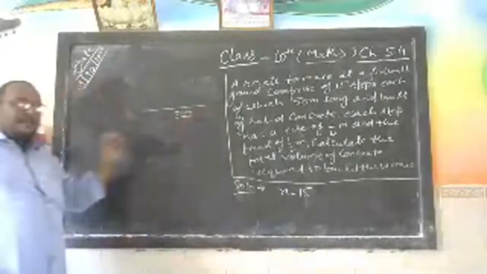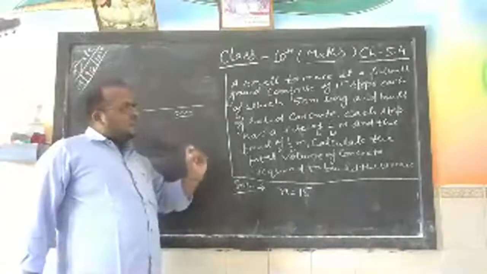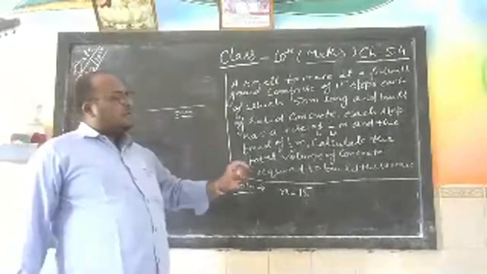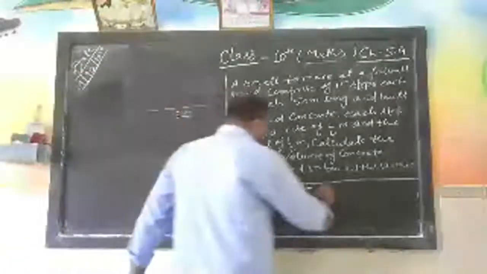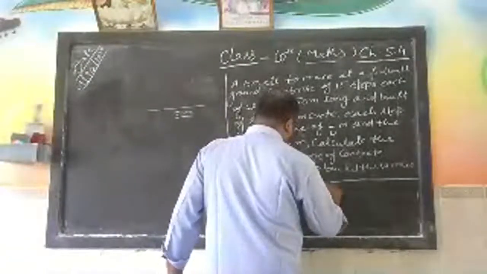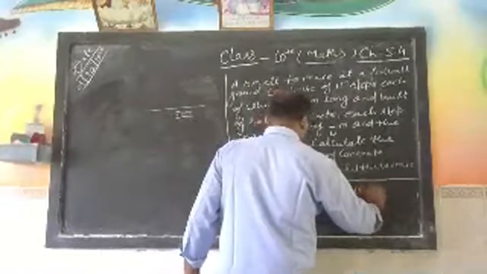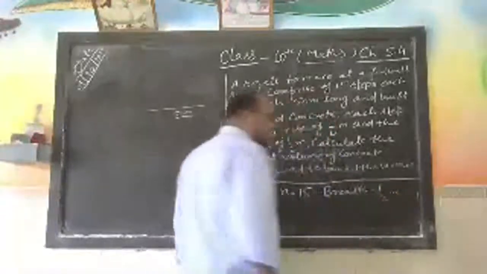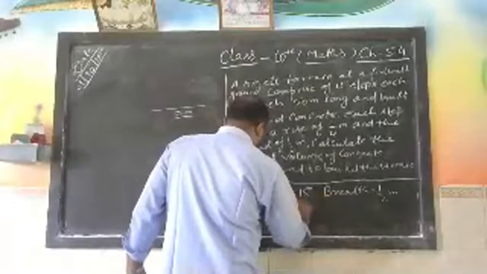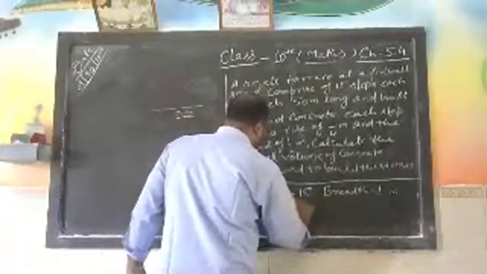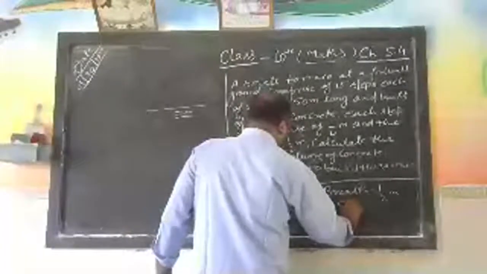The breadth of each step or stair is 1 upon 2, breadth is half meter, and length is equal to 50 meter.